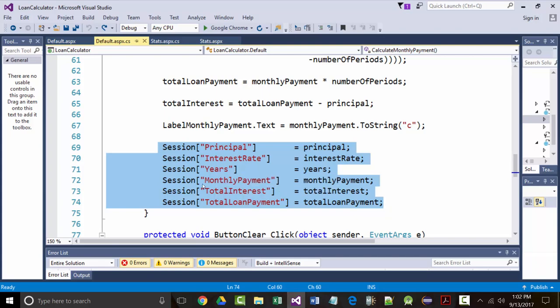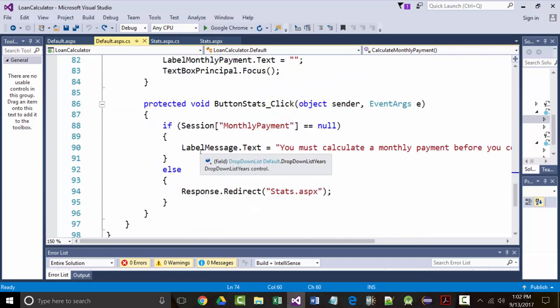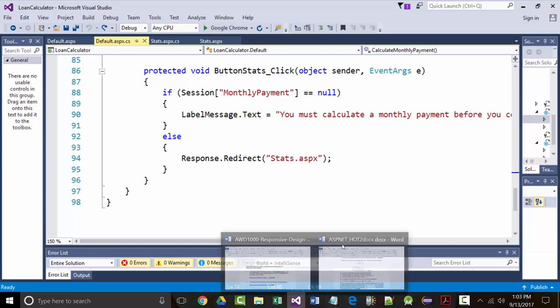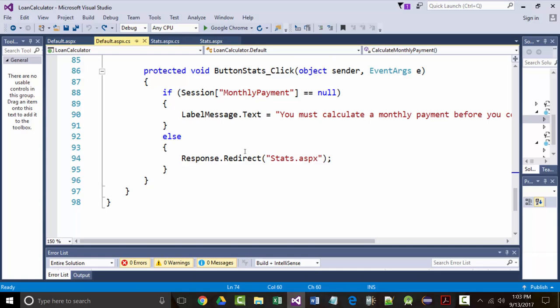The clear button we've already gone over. In the stats button, I was looking for something like this. If the monthly payment was null, you hadn't figured out a monthly payment yet. So you should have said you must calculate a monthly payment before you go on, otherwise you do your response.redirect.